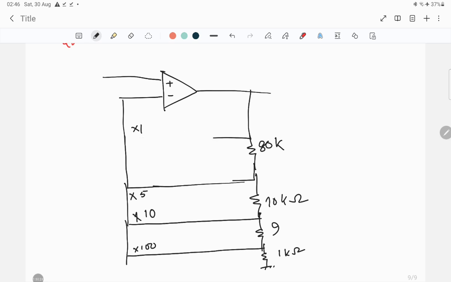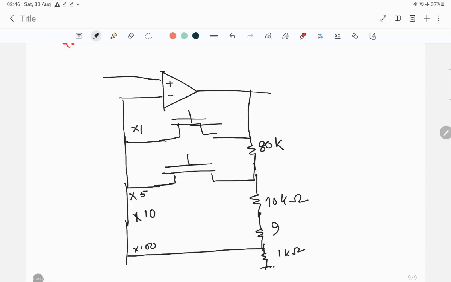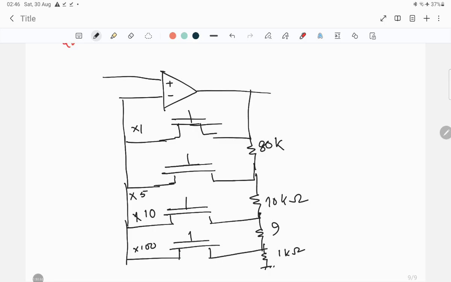And they are the switches, suppose S3, S5, S6, S7.